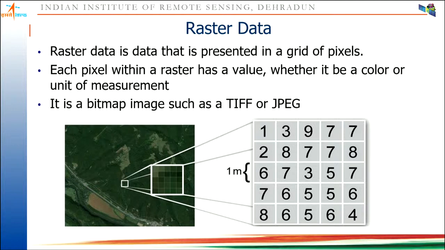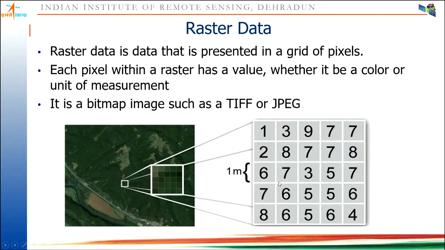It can be represented in formats like TIFF, JPEG. Other formats are also there, but these two are very common. So suppose we are taking any particular location, a grid will come, and in the grid each pixel will have a value. It can be the intensity or reflection of that surface. So these things it will represent.